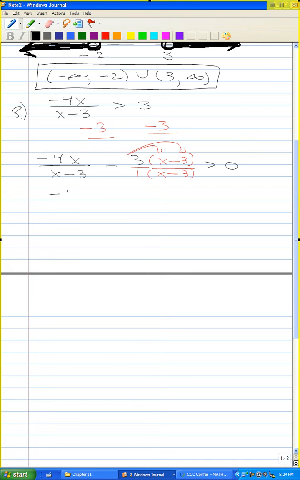I get negative 4x over x minus 3 plus negative 3x plus 9 over x minus 3, greater than 0. Now let's write this all over the common denominator, x minus 3, and combine like terms: negative 4x minus 3x, negative 7x plus 9.